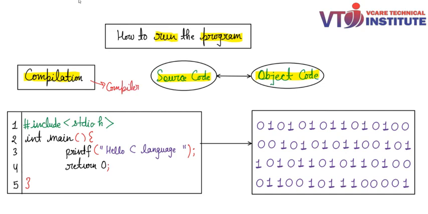So how does a compiler work? This is our source code. This is basically a program. This is the language we understand as humans, and that's called source code.